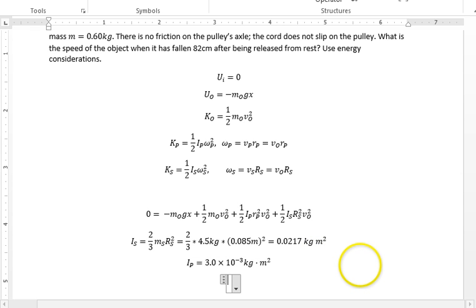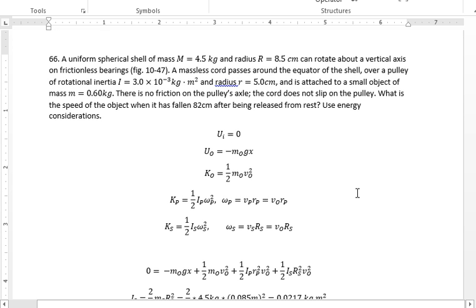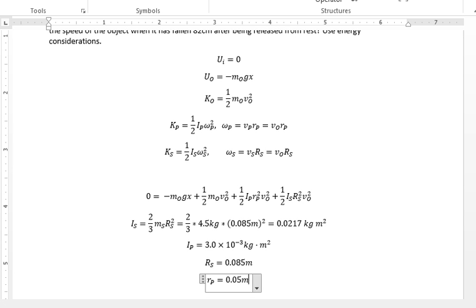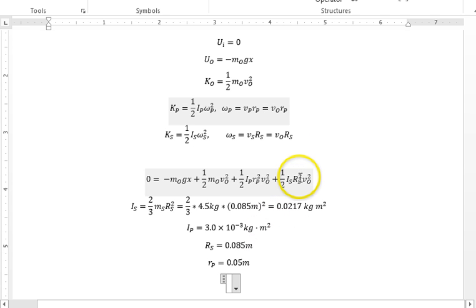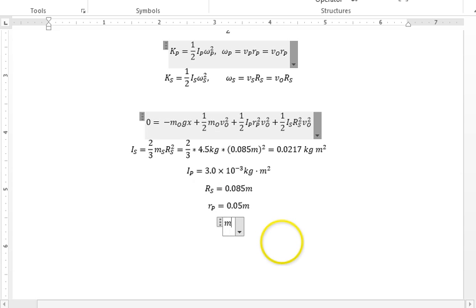All right. Radius of the sphere is 0.085 meters. Radius of the pulley is 0.05 meters. Okay, what else do we need? We got that, that, and that. The mass of the object is 0.6 kilograms.